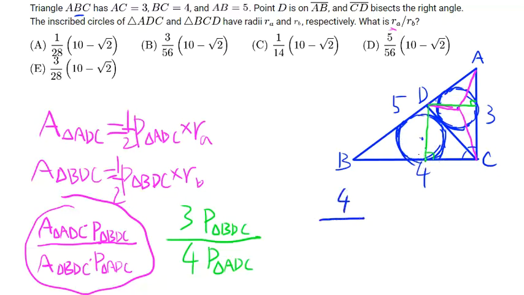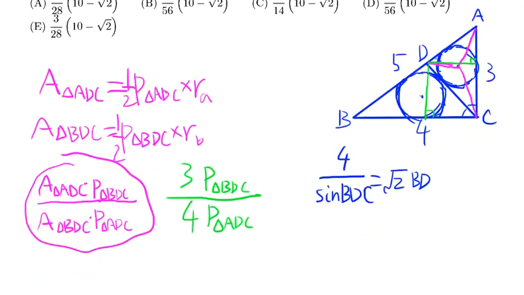This side, which is 4, divided by the sine of the angle opposite to it, sine BDC, is equal to BD divided by sine 45 degrees, which is the reciprocal of root 2, so I put root 2 times BD.